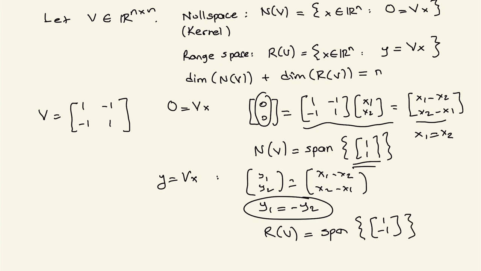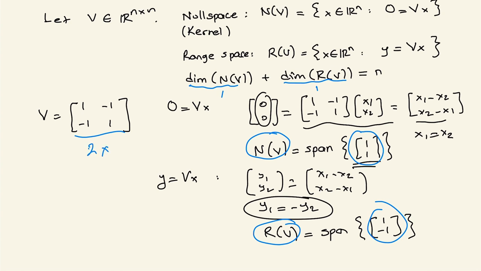It can be 2, minus 2, 5, minus 5, or minus 2, 2. So all belong to this span. So the null space of V contains one vector, so its dimension is 1. The range space of V contains one vector, its dimension is 1. This is 2 by 2, so n is 2. So this also holds.